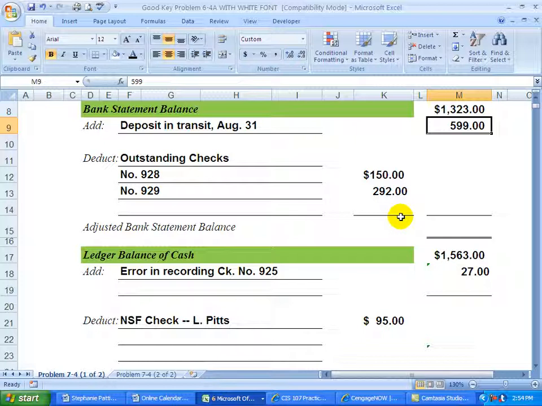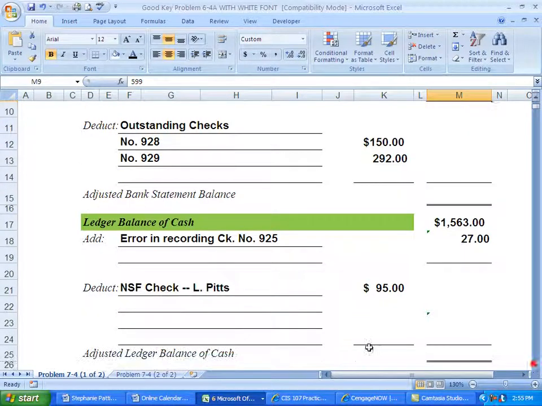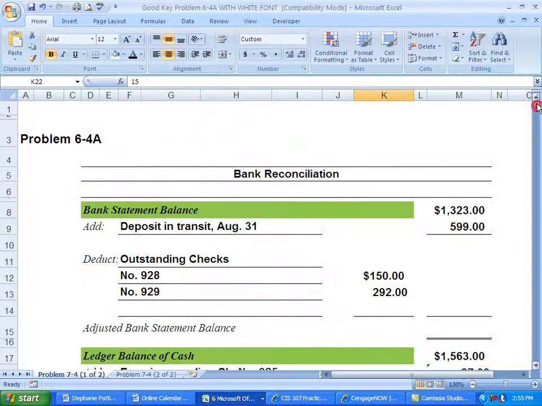Another thing we need to deal with is the NSF check. When you look about halfway down your bank statement, it says under other debits, DM, debit memo, NSF check, which means non-sufficient funds, for $95. So we have the $95 here, we've taken care of that. We also have in that same area, DM service charge, $15. So we have to subtract the bank service charge, which is for $15. So looking at this right now, we have recorded what the bank says we have.